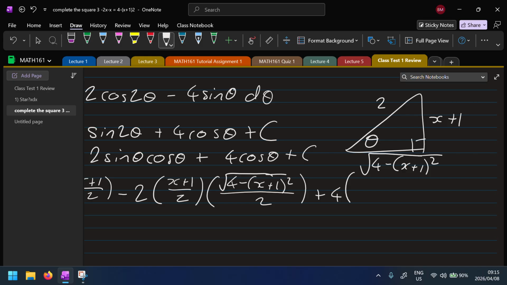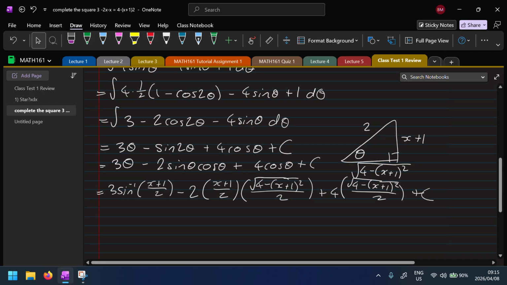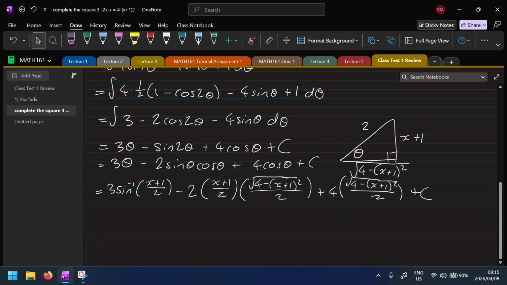Plus 4, and again, cos theta, we just read it from the triangle. Okay, and then that will be your other mark. Okay, so 1 mark for the trig sub, 1 mark for the integral, 1 mark for your subbing back.